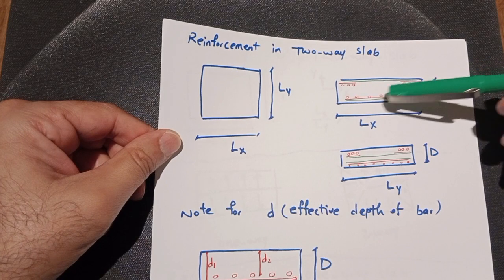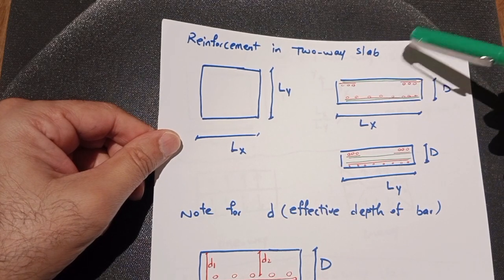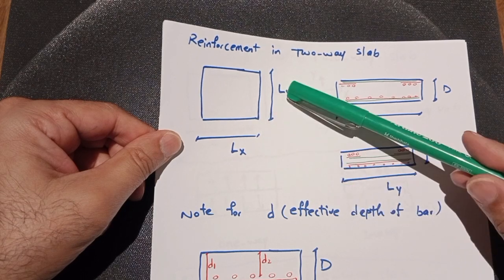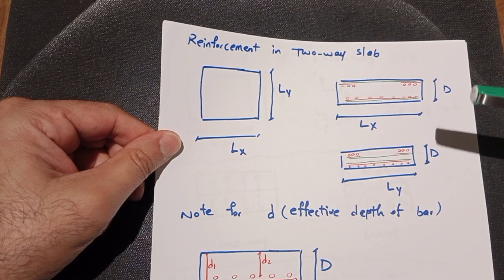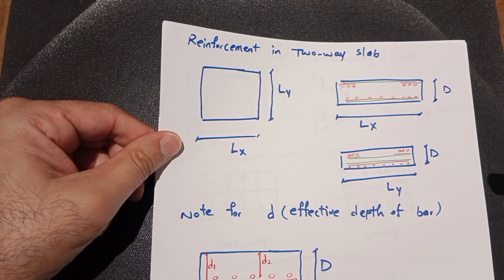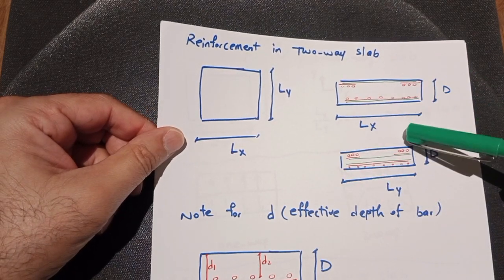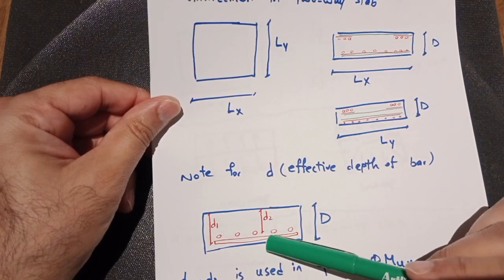I've shown you here, the red one is just for strength and deflection. It doesn't matter whether Lx is primary or Ly is primary. It is just your choice. You can put secondary or primary, and it will change the effective length that I will talk about later.